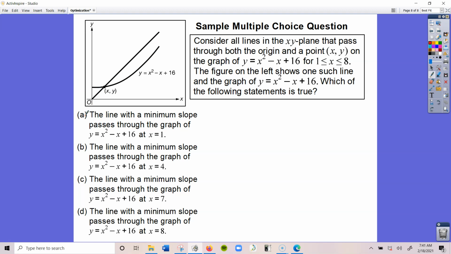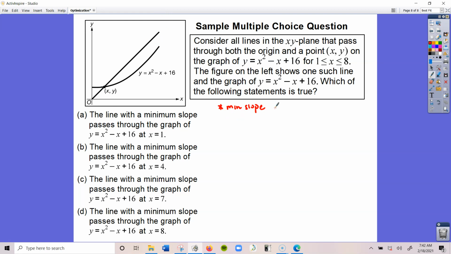Now, if you look at all of your multiple choice options, they all start off the same: the line with a minimum slope, the line with a minimum slope, etc. So that means that we are trying to minimize the slope of the line. The only thing that we know about this line is that it goes through the origin.